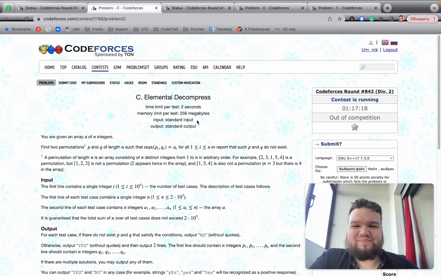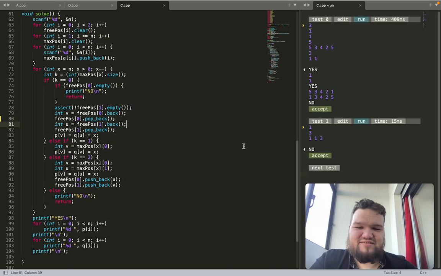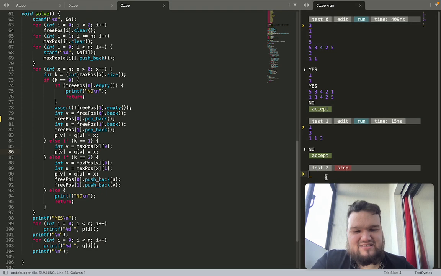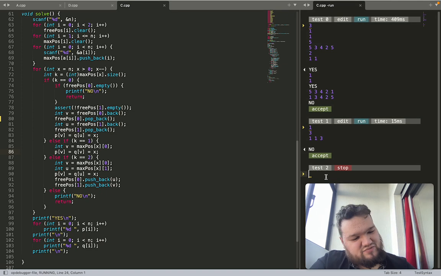Okay. Let's construct a test. It's not that hard. So what I need to do is create a free position, that is done by having two maximums.